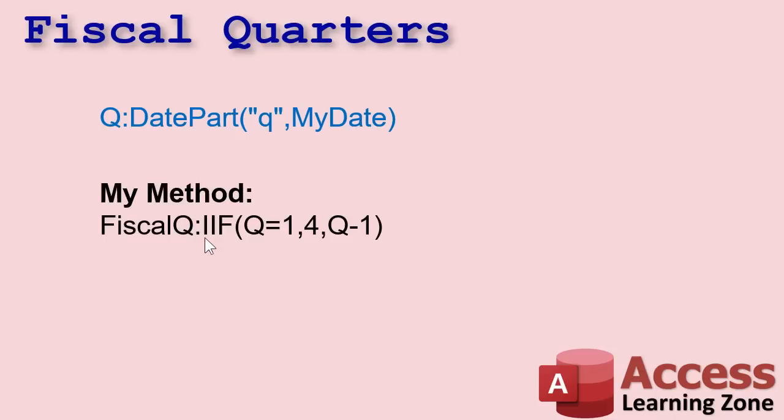And then I used an if function to say, if Q equals 1, then make that the fourth quarter. Otherwise, make it Q minus 1. So quarter 2 became quarter 1, quarter 3 became quarter 2, quarter 4 became quarter 3, and quarter 1 becomes quarter 4, right? So it flips it. So now you can sort properly by that method.